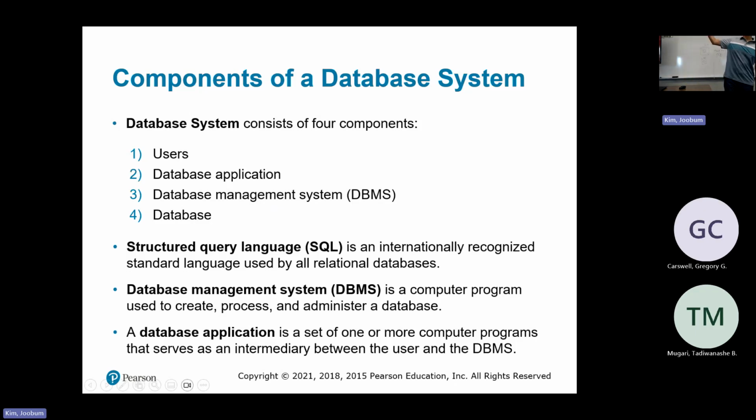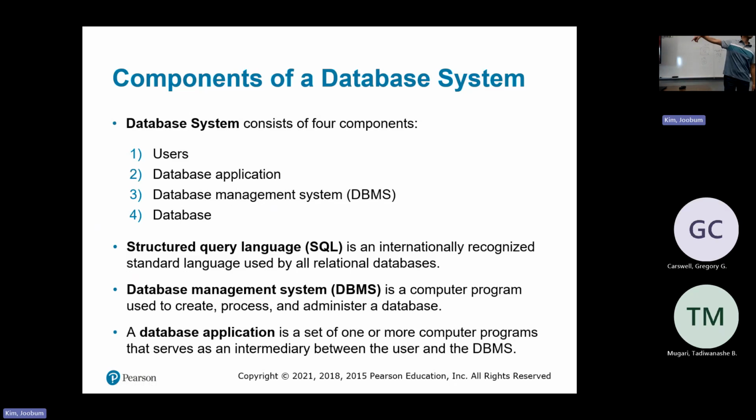If you have a MySQL server in your company, in order to access that server, we need a program application coded in Python or Java or C++, any kind of programming language. You have to make an application. Then the database, the DBMS.